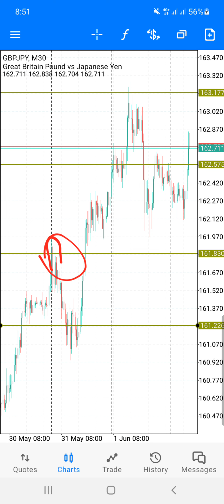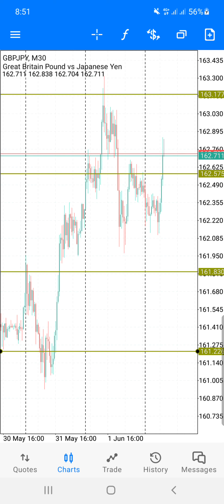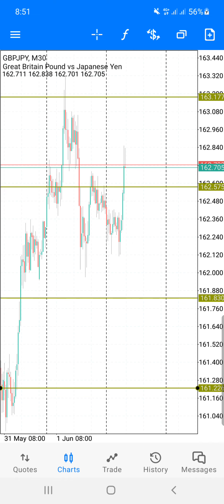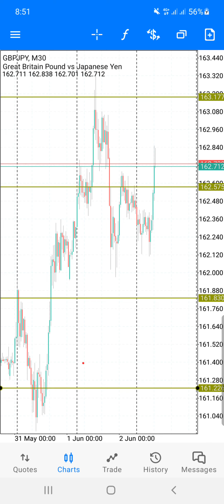You notice this turn here, the turning point for price. Then resistance 2 is another point where price was ranging here. So you can practice with other currency pairs to understand how to calculate pivot points better.